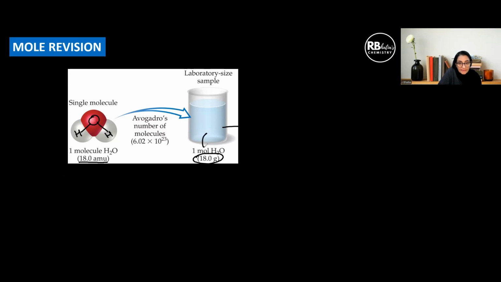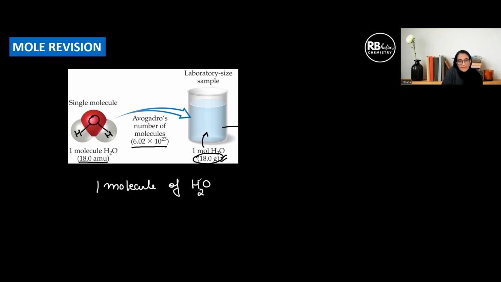This has 1 mole of water molecules, meaning this has 6.022 × 10^23 molecules of water, which will together weigh 18 gram. So if we derive this for one molecule, please learn this, understand this.